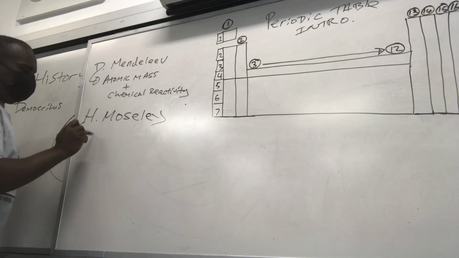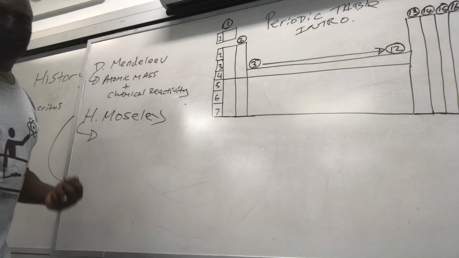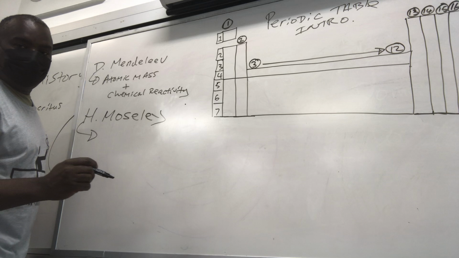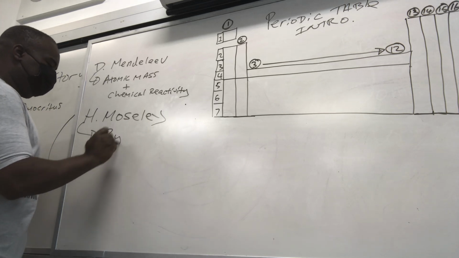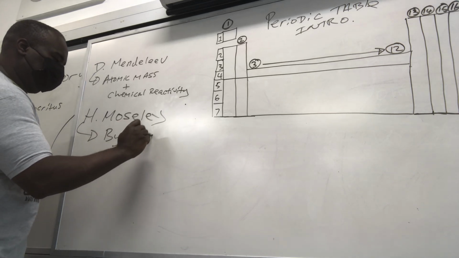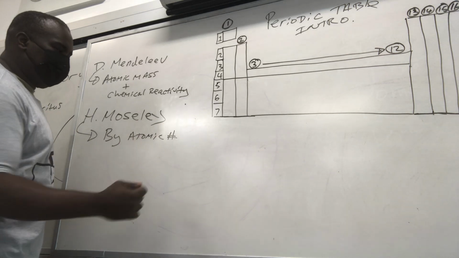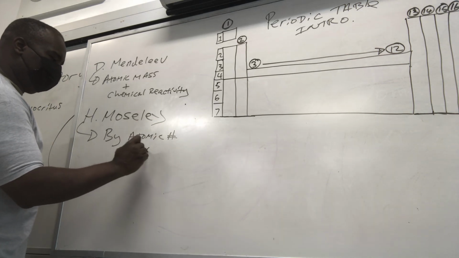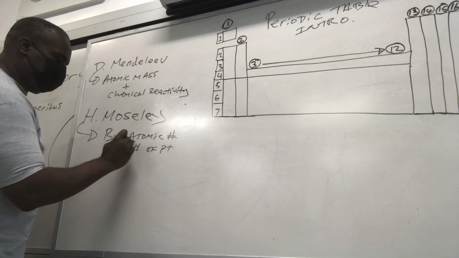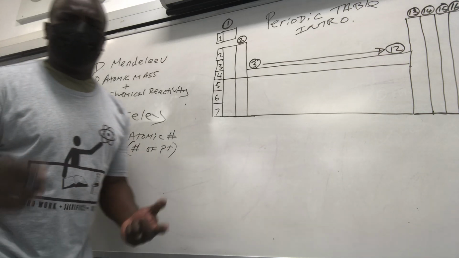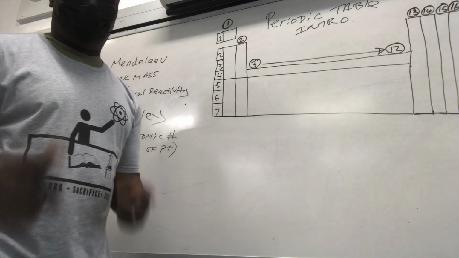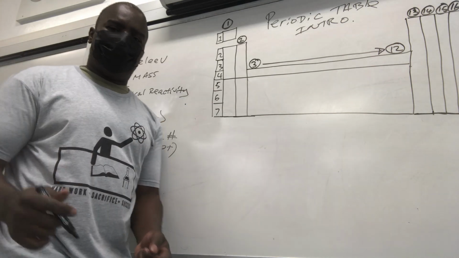Okay, and he came up with the fact that you should arrange the periodic table by atomic number. Now we know from atomic structure that atomic number is essentially the number of protons. So that's how the periodic table is arranged today, by the number of protons. Very, very important.